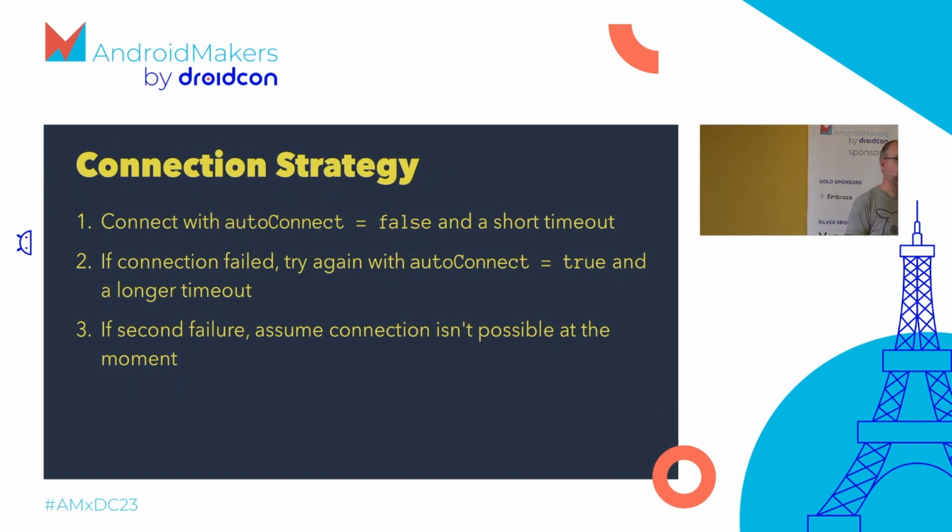If that connection fails, like you get a timeout or you get a callback saying failed, then you try again with auto-connect true, where you tell the device, okay, wait for the peripheral to connect instead. Let's do an indirect connection. And if the second fails, then a connection is probably not possible. So do we get the auto-connect parameter better now? I hope so.